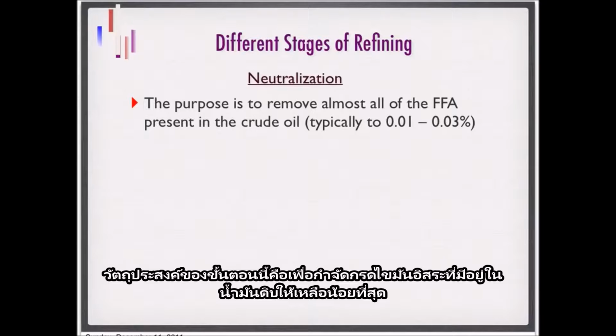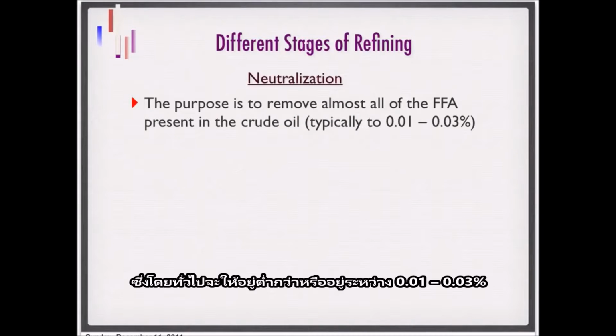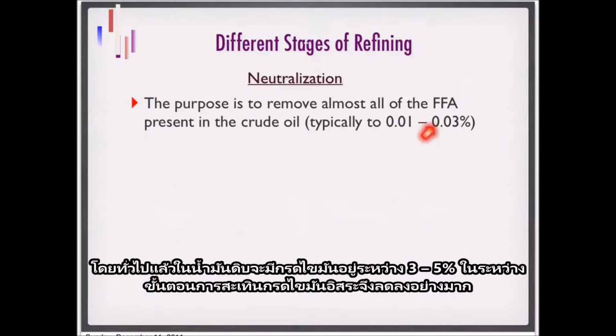The purpose of this step is basically to remove almost all of the free fatty acid present in the crude oil down to a very low level, typically between 0.01 to 0.03%. Usually in the crude oil, we have between 3 to 5%. So you can see there's a large reduction of free fatty acid during the neutralization step.